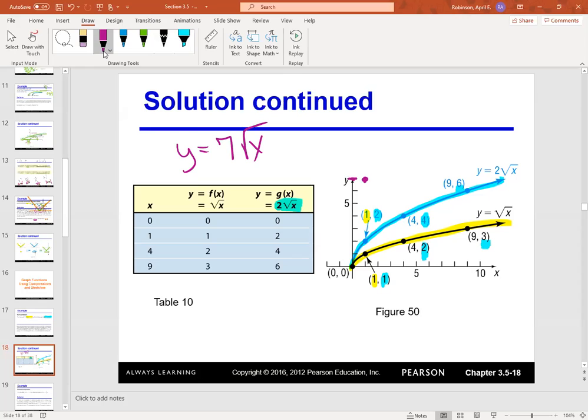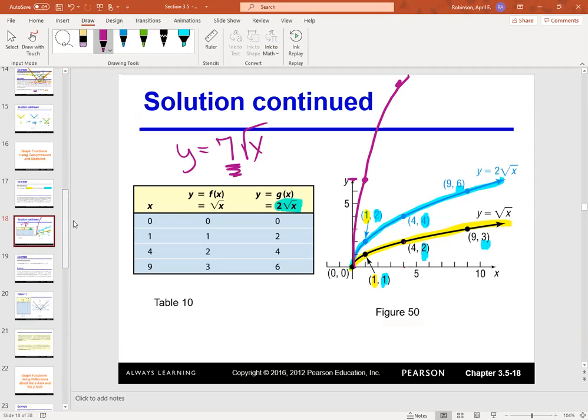And instead of 4, 2, I would have had 4, and the square root of 4 is 2, and 7 times that would be 14. I would have had 4, 14 way up here. And then this graph would have been like that. So the larger this number gets, the closer the graph stretches to the y-axis. It's stretching really tall and trying to make itself skinny looking.